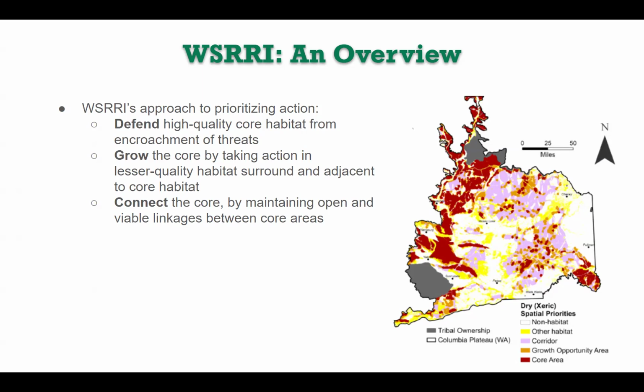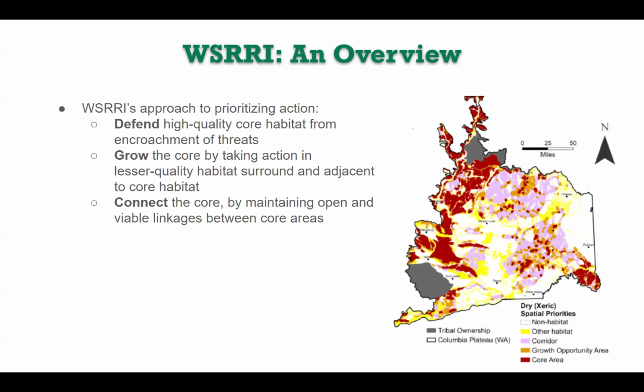So in WSRRI's approach to prioritizing where we pursue different actions and invest the funding associated with WSRRI, we want to defend those high quality core habitats from encroachment of threats, such as further invasion by cheatgrass. We want to defend high quality core habitat from catastrophic wildfire.